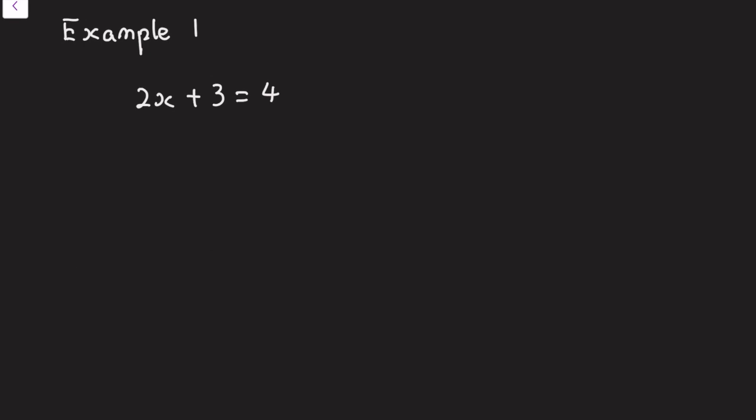What you can do is undo everything that surrounds x until x stands by itself. In order to do that, we need to do opposites. The opposite of adding is subtracting, and the opposite of multiplying is dividing.